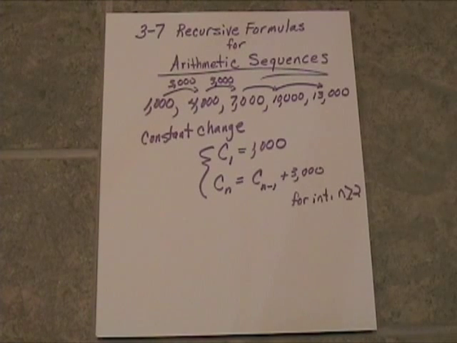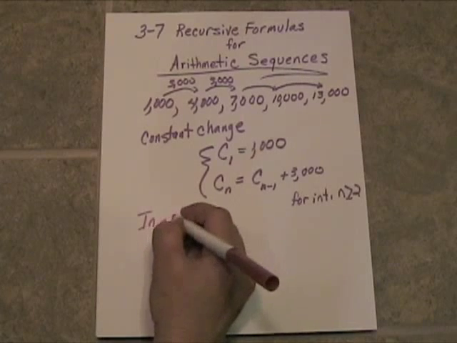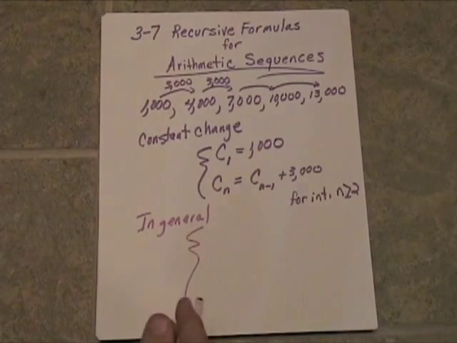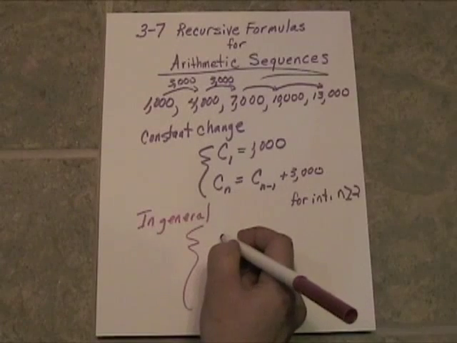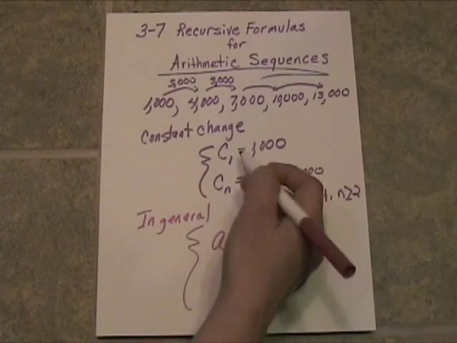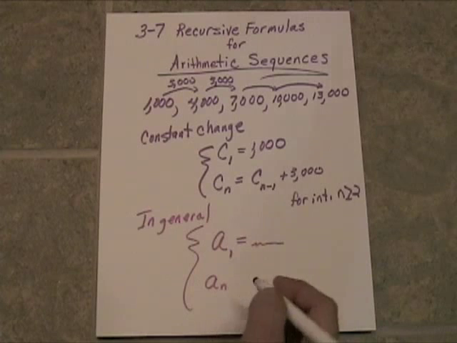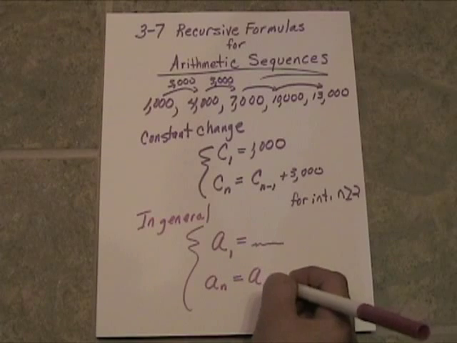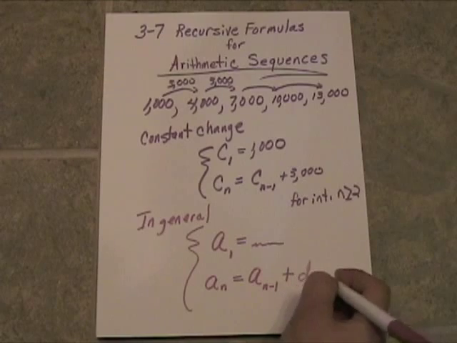Now, in general, we say that the recursive formula for an arithmetic sequence looks like this. A sub 1 is going to equal some amount, some starting point. And then A sub n is going to always equal A sub n minus 1 plus your amount of difference.